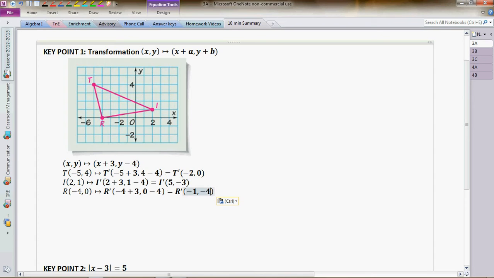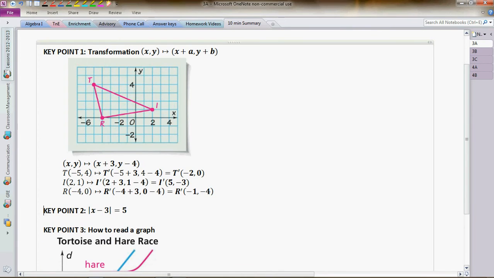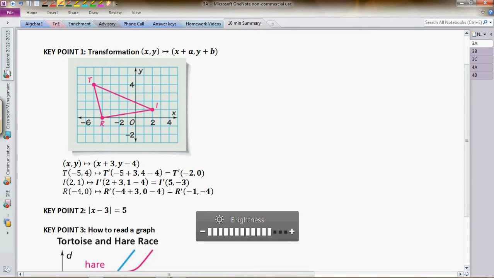And if you plot these points, we'll have new, oh, my pen is not working. Okay, there you go. The new point T prime will be -2, 0. That's right here.